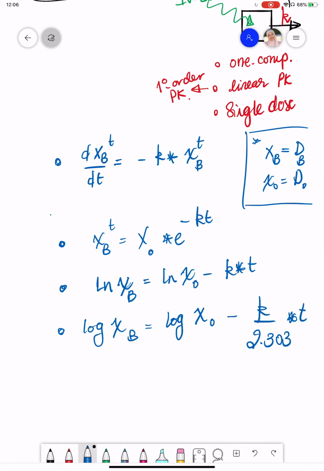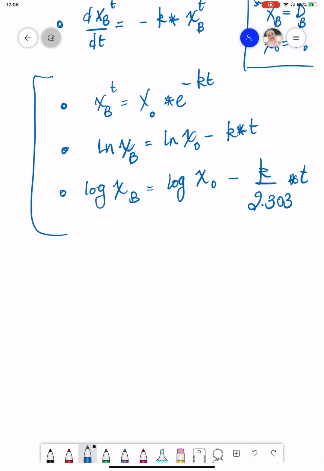Those are the model equations that we will deal with, and we had different graphs: the rectilinear graph, the semilog graph, the log transformed graph, or the ln transformed graph.